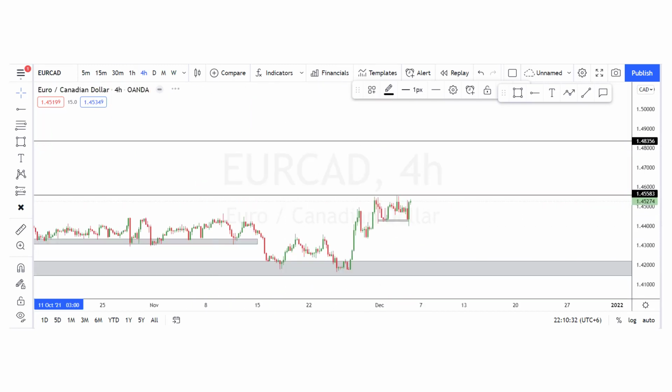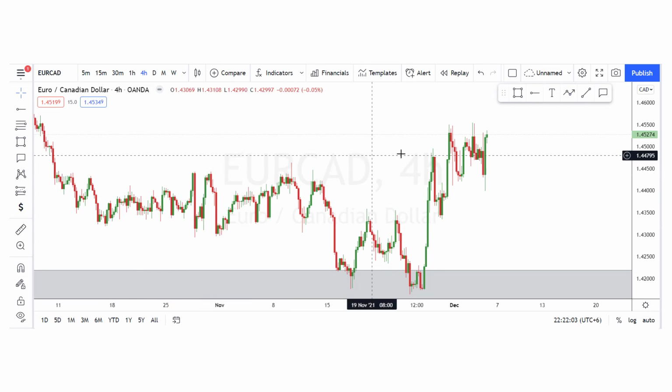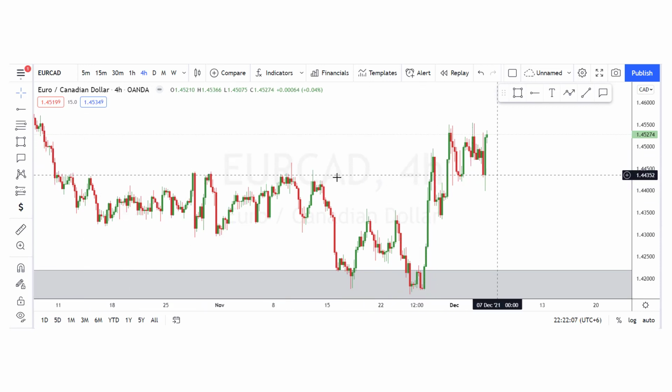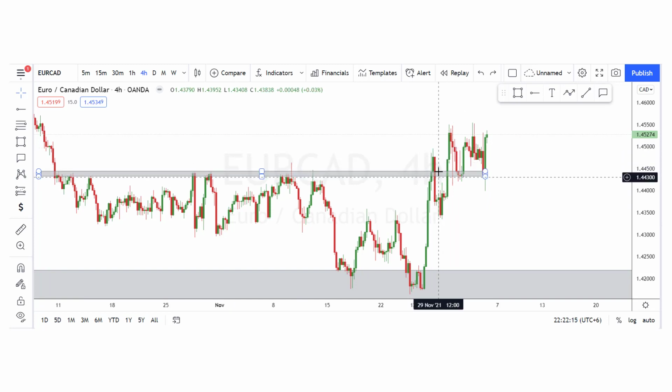Now in the 4-hour time frame, we can see that price created a kind of resistance area just right here. So this is our area of resistance in the 4-hour time frame, and we can see that the candles actually retested this resistance area a few times right here.